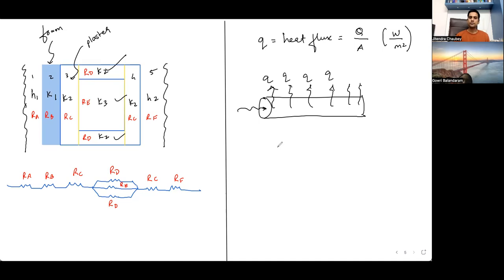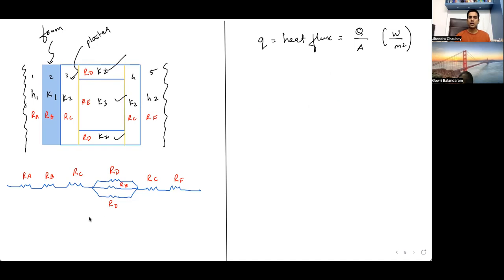That q refers to the heat transfer per unit area, from a small place, a unit space. And it has to be constant throughout the pipe. Whenever the word is constant heat flux, it is a terminology.